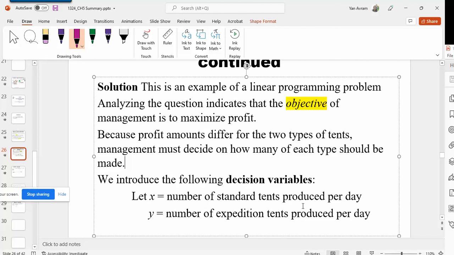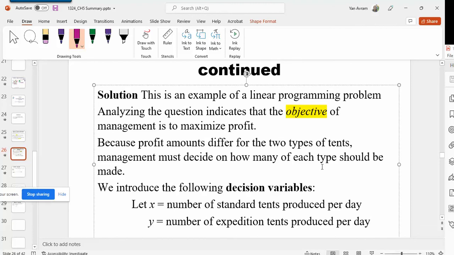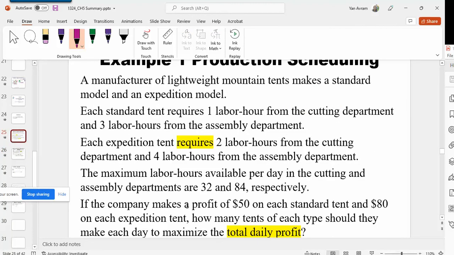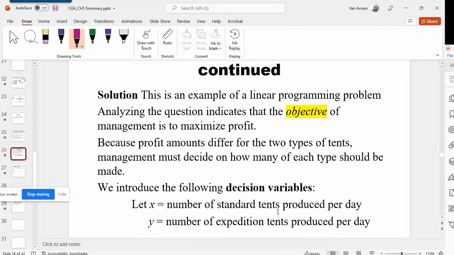And if we do not know, we always set the unknowns as x and y. So if we say x is the number of standard tints produced every day, and y is the number of expectation tints produced every day, what is the profit function? Well, you make $50 on a standard one, and the other one is $80.